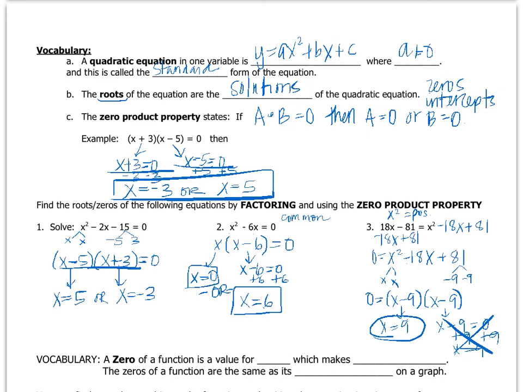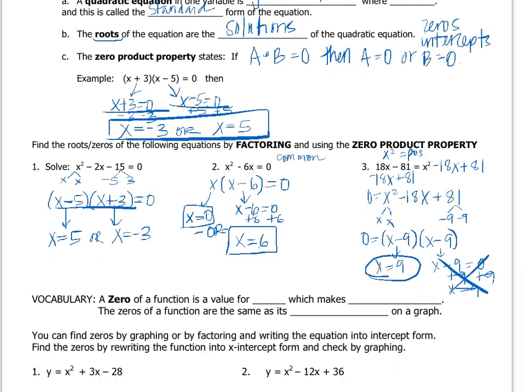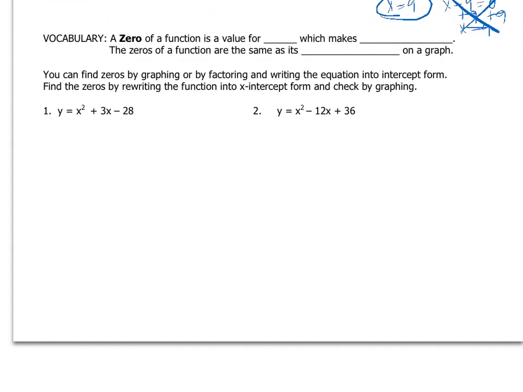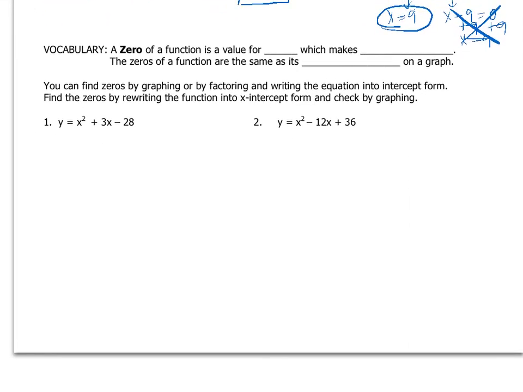Now let's relate this back to section 4.1 and 4.2, and let's talk about the graph. A 0 of a function is the value for x which makes the function, and I'm going to shorthand this, equal 0.